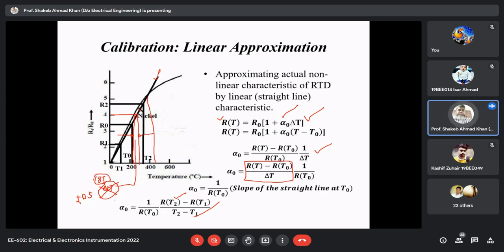Your actual temperature obviously is something, and you are measuring it as something else, because of this approximation.